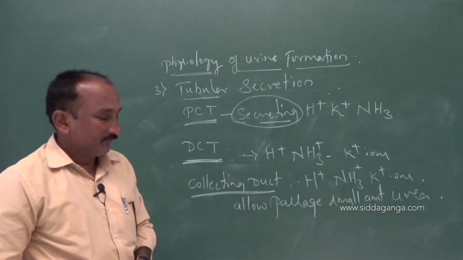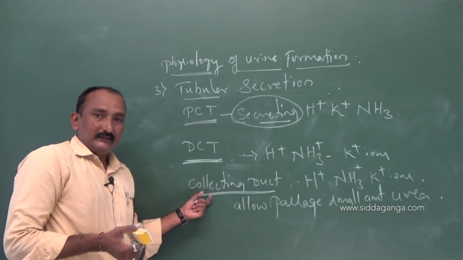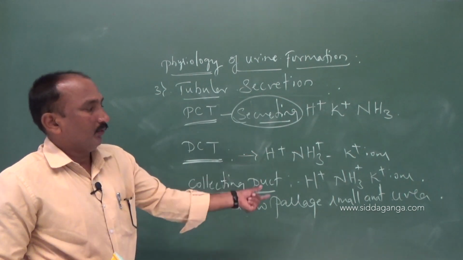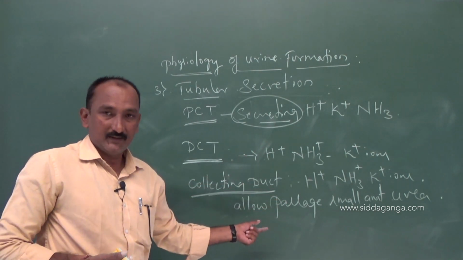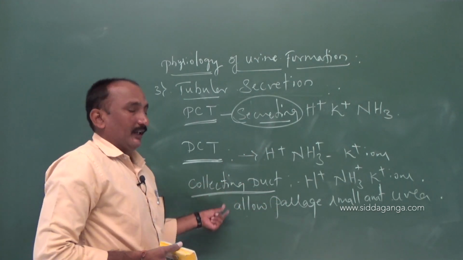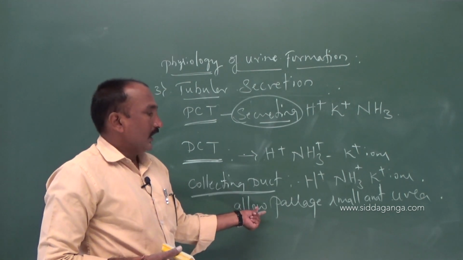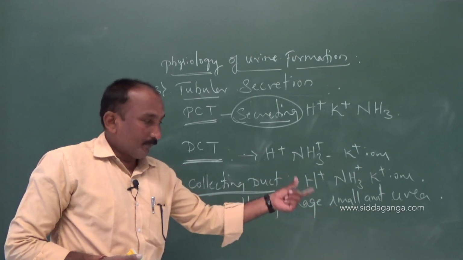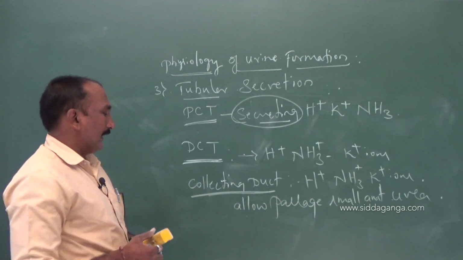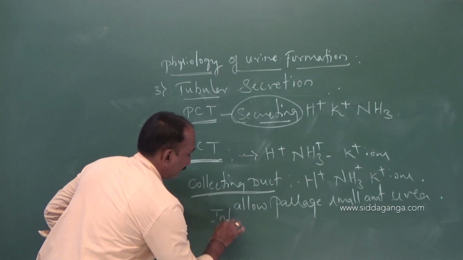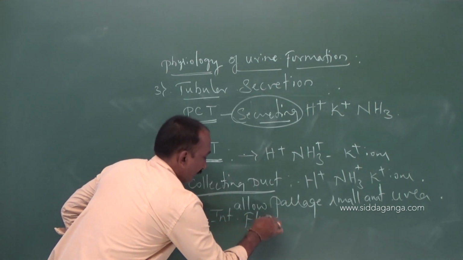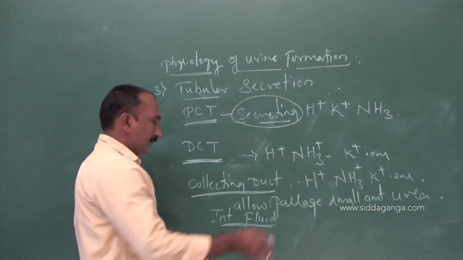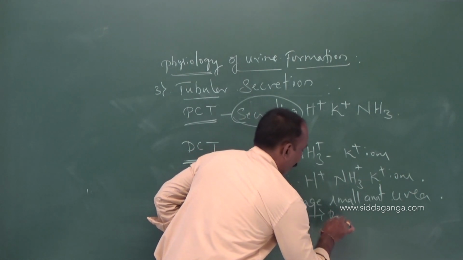Why is it so? The collecting duct secretes hydrogen, ammonia and potassium ions, and along with that it allows the passage of a small amount of urea into the interstitial fluid, particularly to maintain osmolarity.